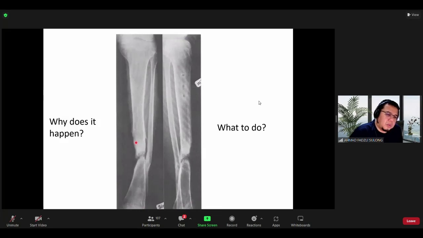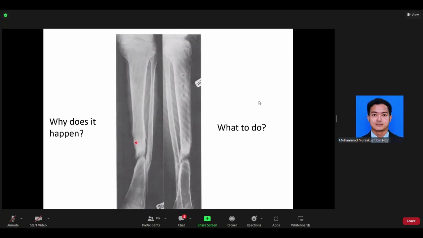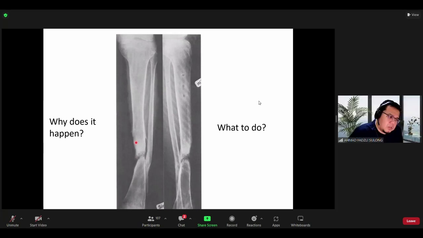Okay, so how do you treat this? So we have to provide nutrient with maybe bone graft. Okay, so as well as the bone graft, maintain stability. So internal fix with bone graft. Some sort of fixation with bone graft lah.